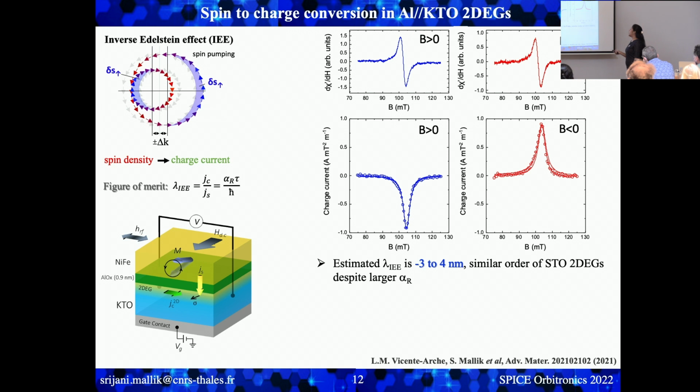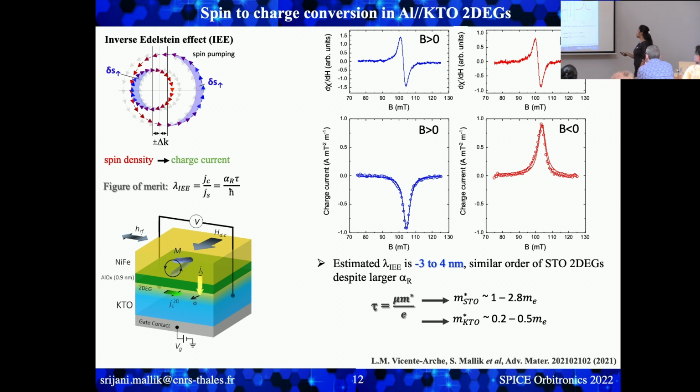However, when we calculate the lambda, it came out close to 3 to 4 nanometer, which is a similar order of magnitude to STO. So I told you that we are gaining almost 5 to 6 times with alpha compared to STO, but then we finally end up with a similar order. So here another factor is varying, that's the tau. And the tau basically depends on the mobility of the samples and the effective mass of the electrons.